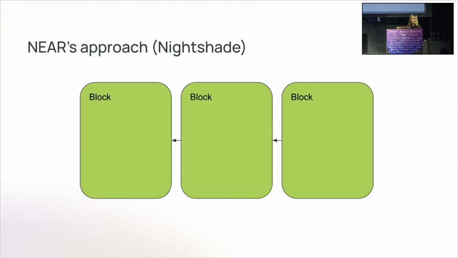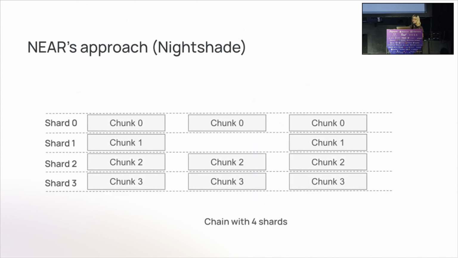But before that, let me first give you a very high-level overview of NEAR's sharding approach. At NEAR, with sharding, we still only have one chain, and the chain produces one block at a time. And this block itself doesn't include any actual transactions. Sharding is implemented through a concept called chunks. So each chunk includes transactions from each shard.